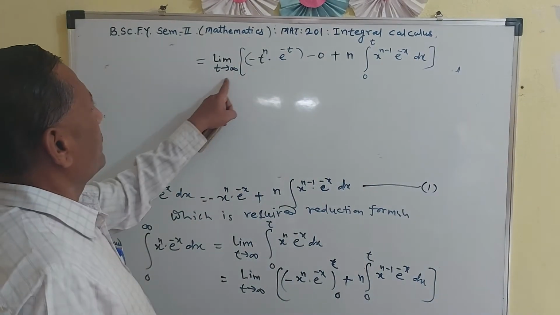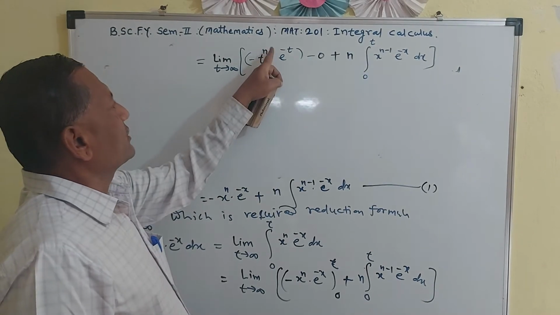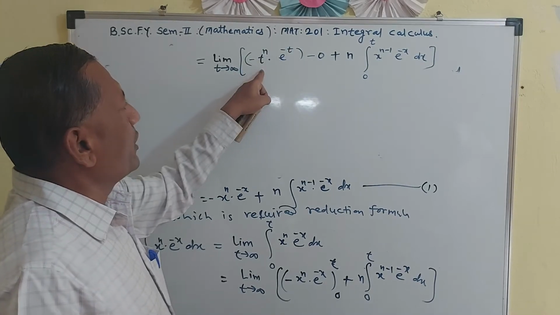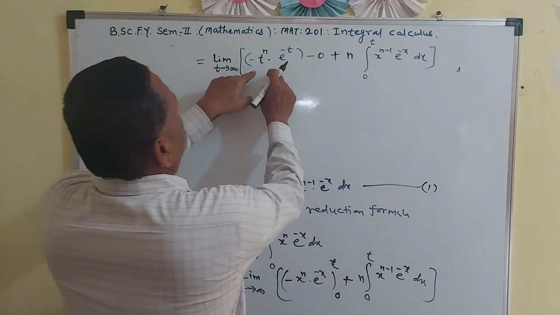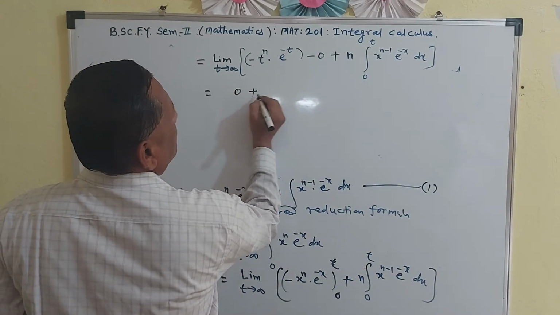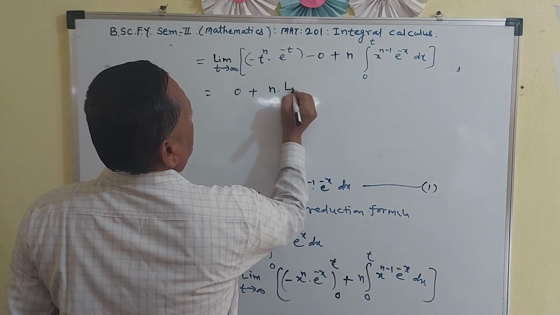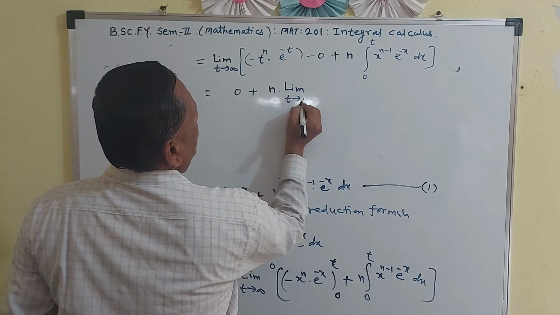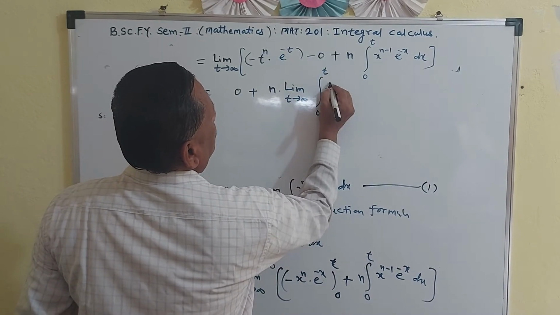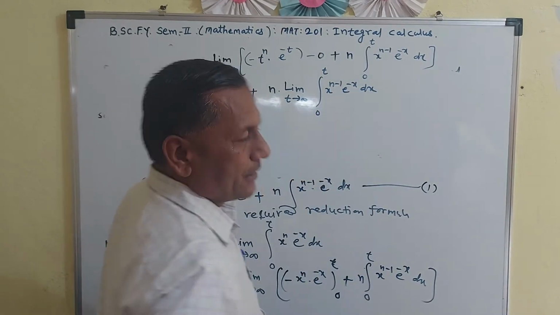So here t raised to n into e raised to minus t can be written as t raised to n upon e raised to t. As t tends to infinity, the limit of this is 0. So 0 plus n into limit as t tends to infinity of integration from 0 to t of x raised to n minus 1 into e raised to minus x dx.